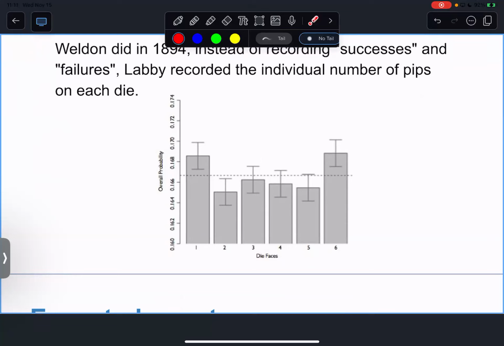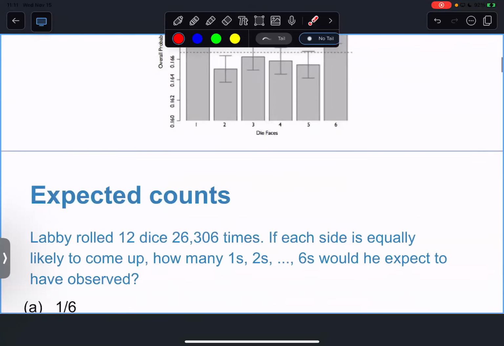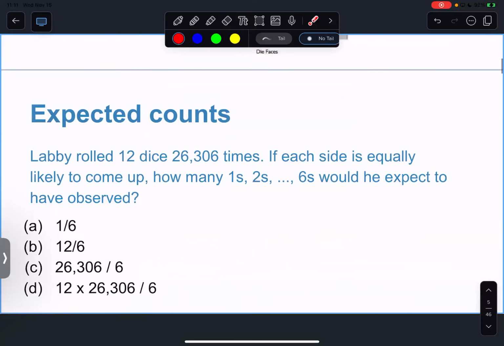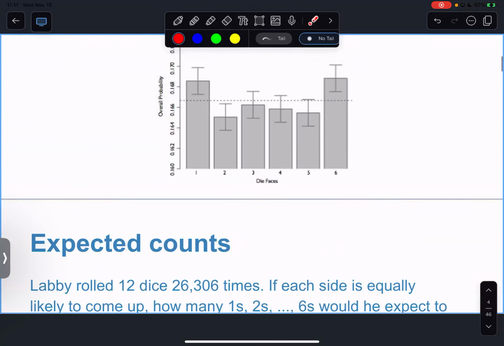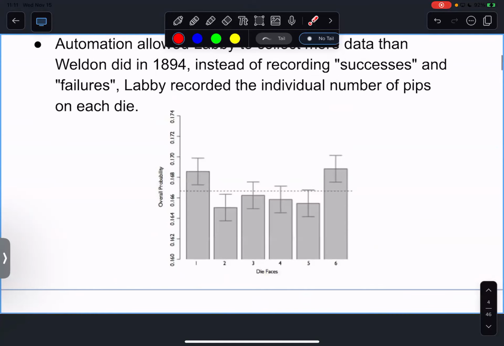So what we're seeing is, if they were approximately the same, we would expect in the long run, and this is the long run, he did it over 6 days, and he was able to get, I don't know how many, oh, he repeated it exactly 26,306 times. That's crazy.